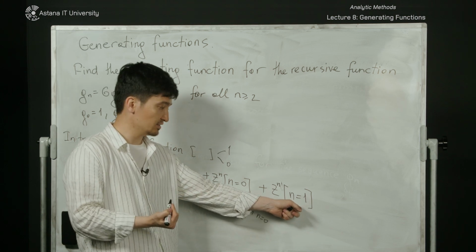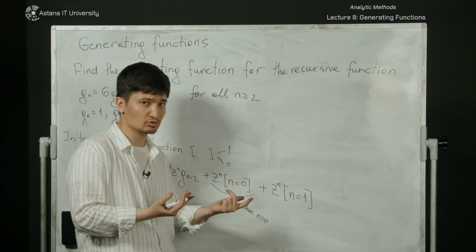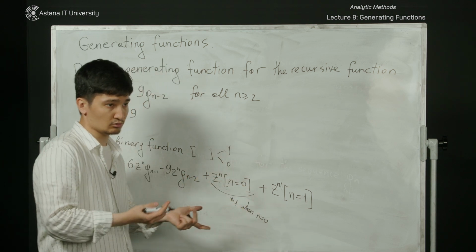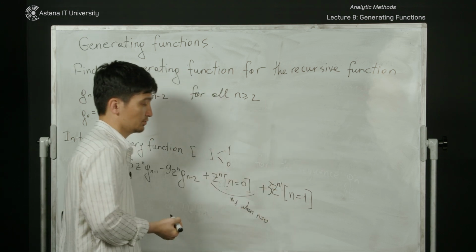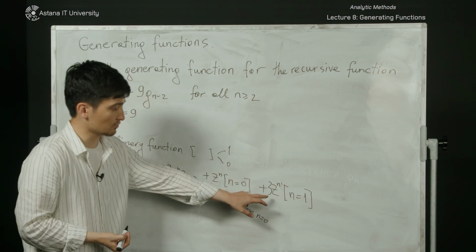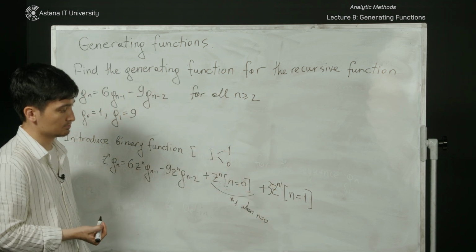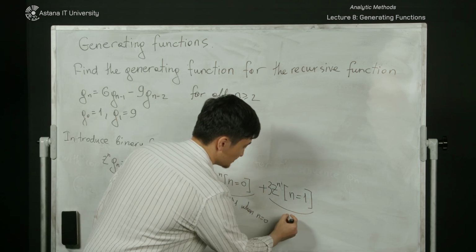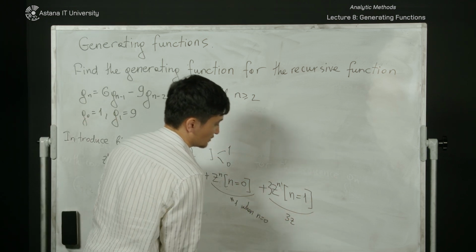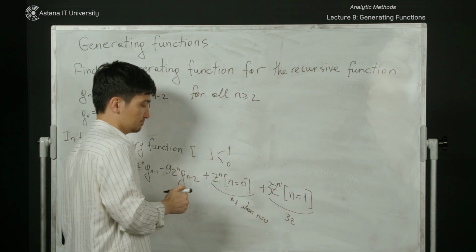But in this case, I need the correction term to be 3. So to get 3, I will simply multiply by 3. I will put 3 in front of this expression, and that's it. And when n equals 1, this whole expression will be simply 3z to the power of 1.